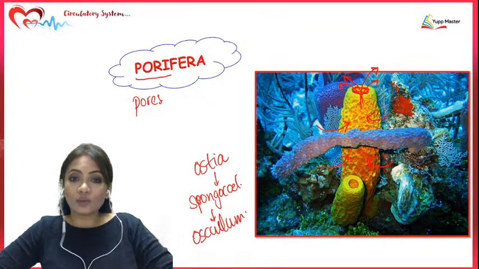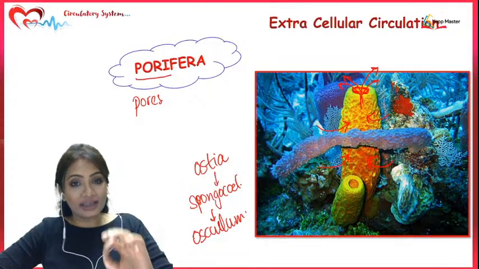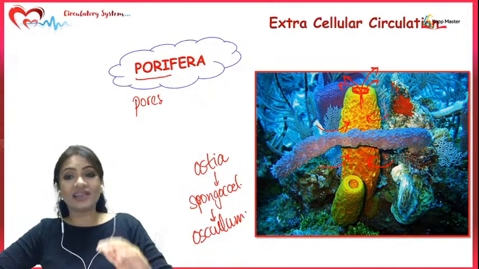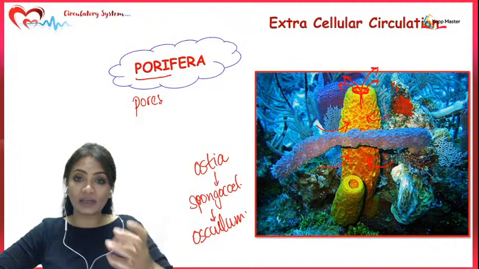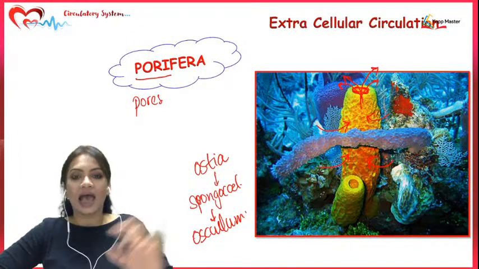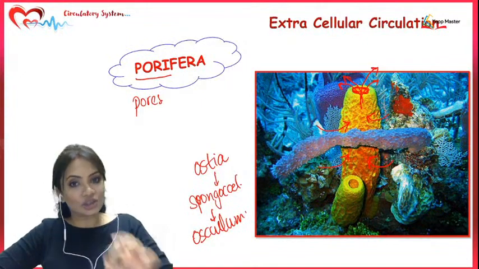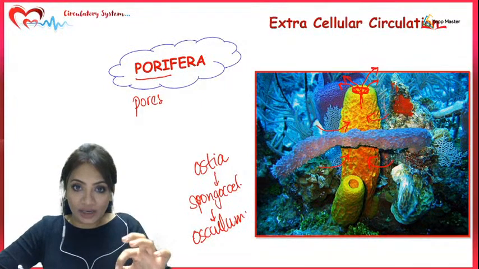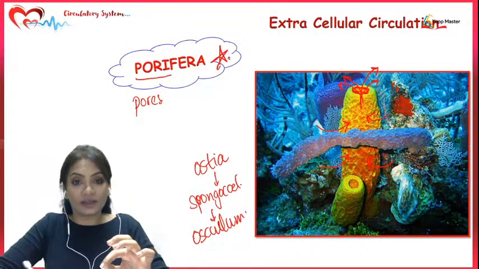This is called the water canal system in the Porifera. Since the circulation happening here is outside the cells, we can call this an extracellular circulation, happening in the phylum Porifera.